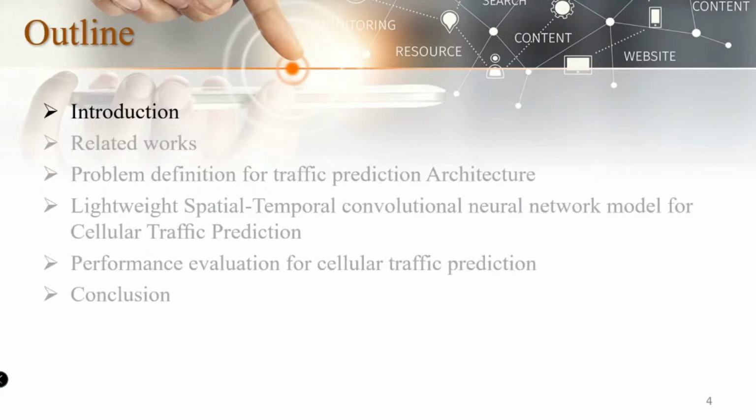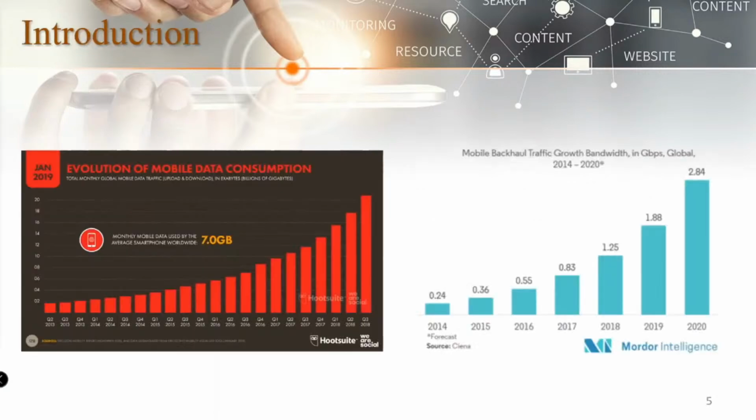Let's talk about what the traffic prediction problem is and why we need to use a lightweight deep learning model. The left figure shows the evolution of mobile data consumption, and the right figure shows mobile backhaul traffic growth bandwidth.